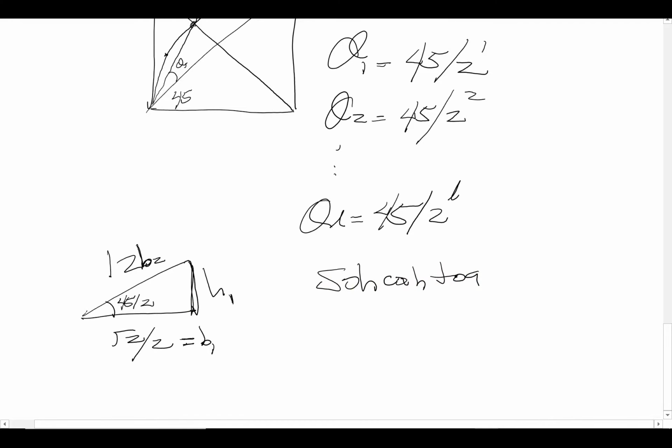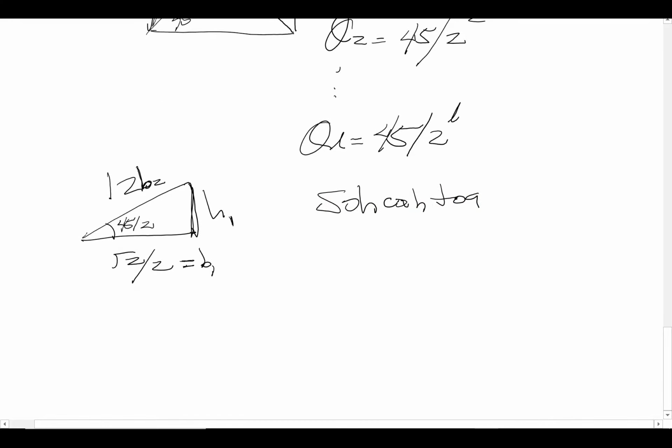So we can create this relation. If we want to get h, sine of theta 1 is equal to opposite, which is h1, over 2b2.